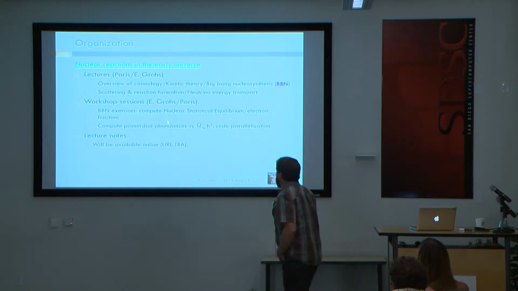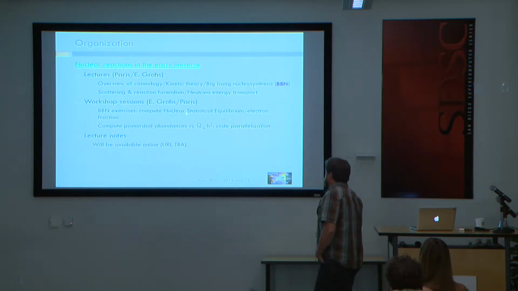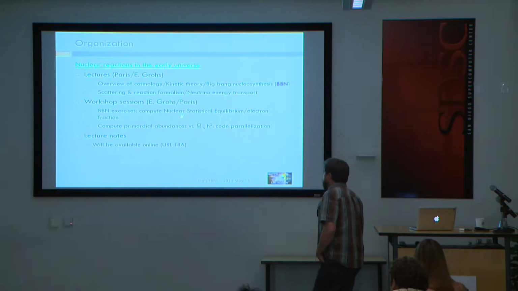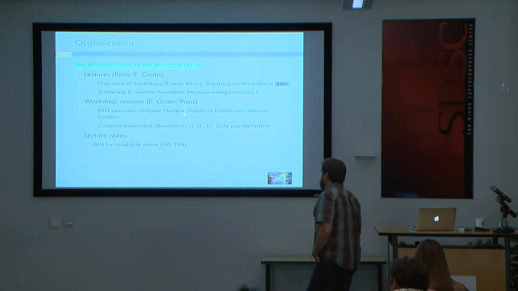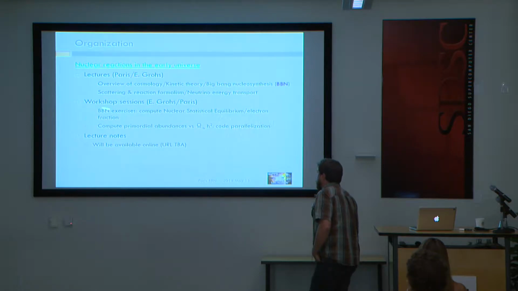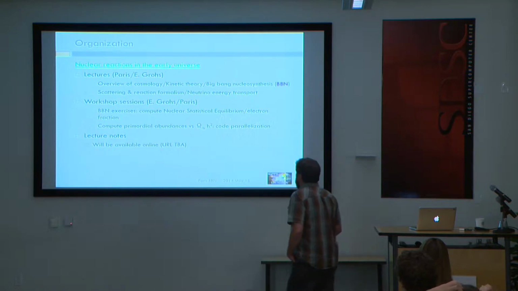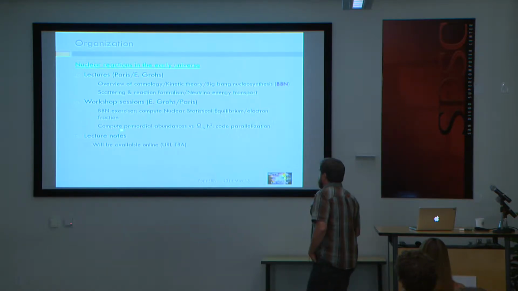Today's workshop is an exercise to compute the abundances of the 4 lightest elements, deuterium, the 3 nucleon nuclides, and helium-4 in nuclear statistical equilibrium, and then to compute the electron fraction, assuming charge conservation. And then tomorrow we'll make this Schramm plot, which is the primordial abundances versus baryon number.